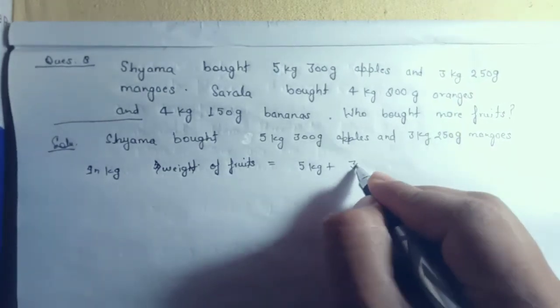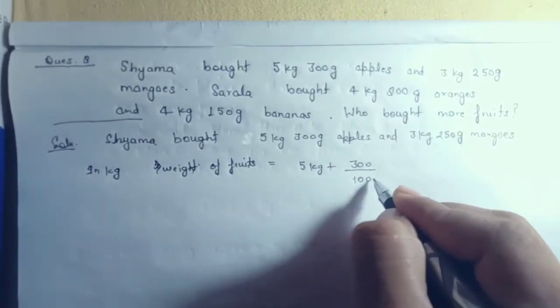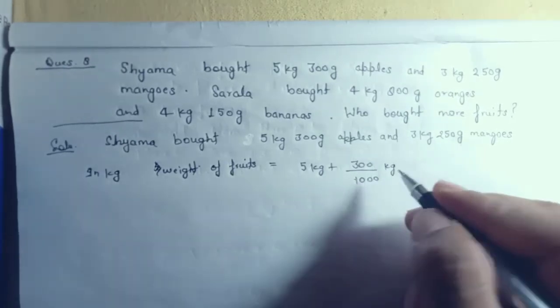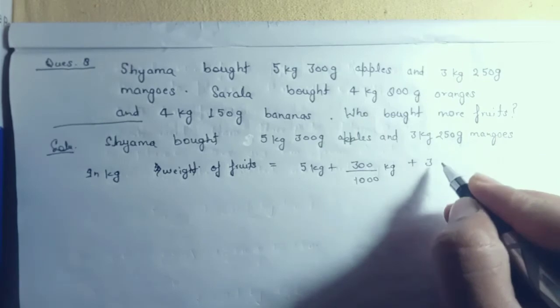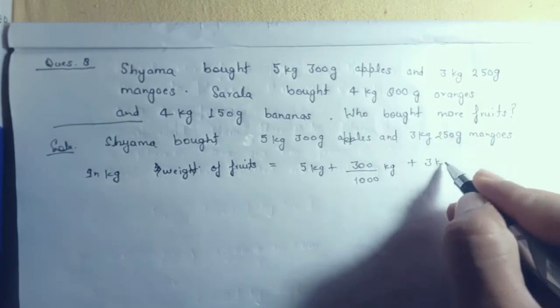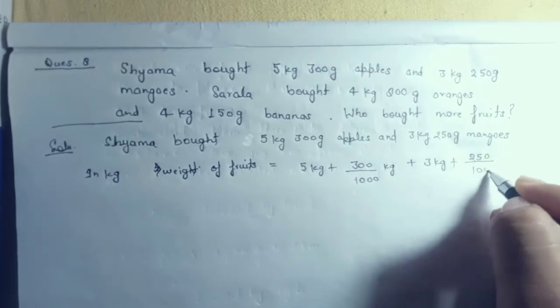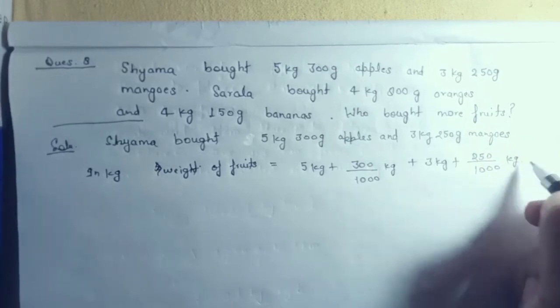So 300 upon 1000 kilogram. Now it is converted into kilogram, plus 3 kilogram and plus 250 upon 1000 kilogram.